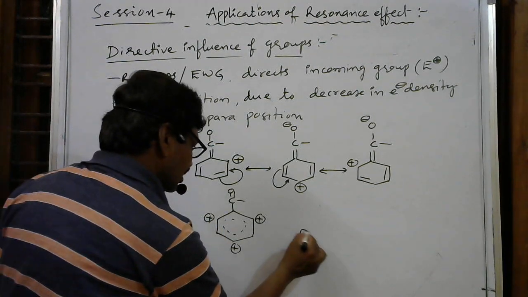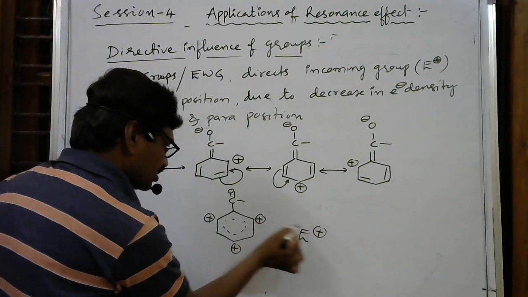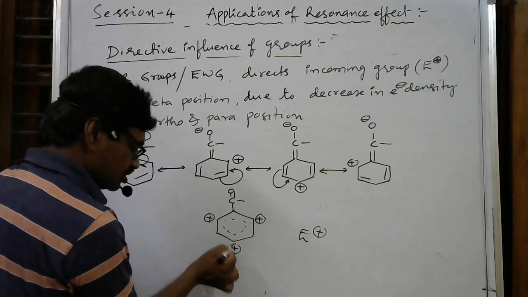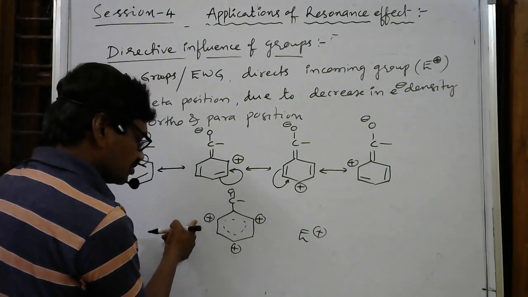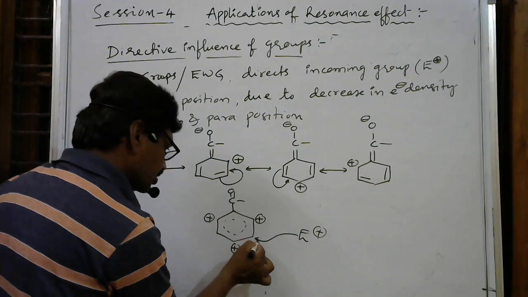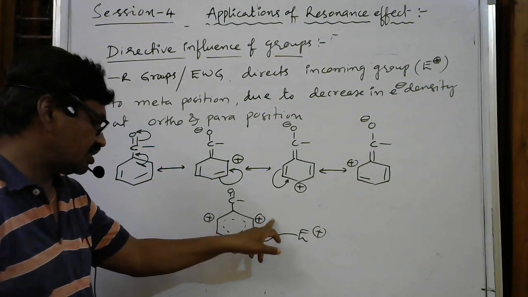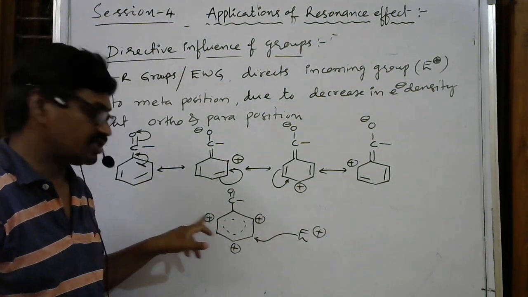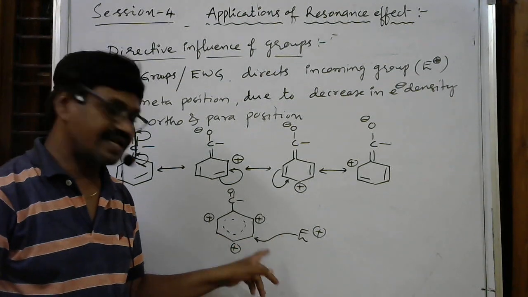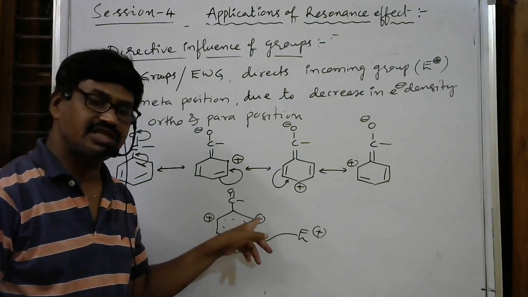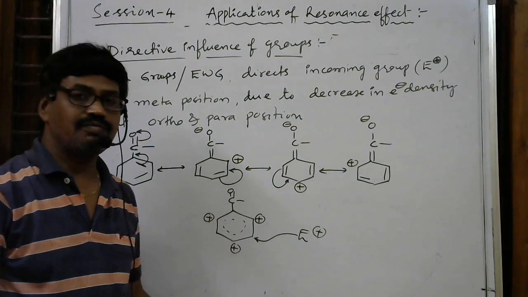So the incoming electrophile will not come here because of repulsions. It will not come here either, due to repulsions. Here also the same thing. So it will come to this position. Why? Because here there is positive charge, so the incoming electrophile attacks the meta position due to a decrease in electron density at the ortho and para positions.